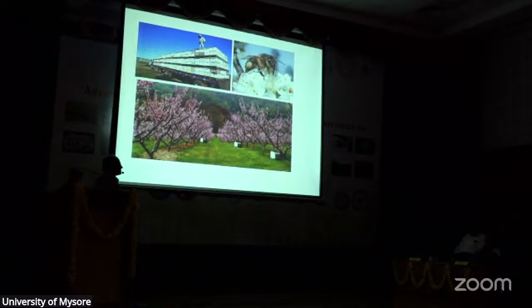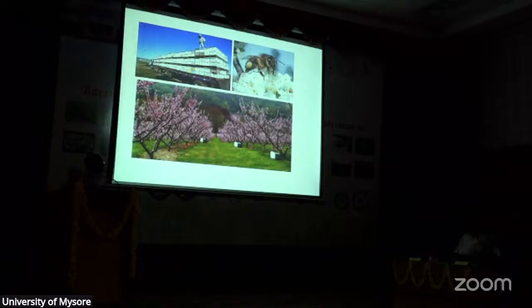It flowers in February, and during that season about 20% of the honeybee colonies in the USA are needed. So honeybee colonies from all over the USA, whether from the eastern part or the middle east part, move into California in huge honeybee trucks, and they keep them in the almond trees, and the bees take care of pollination.